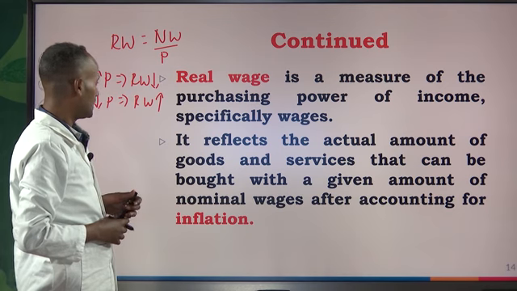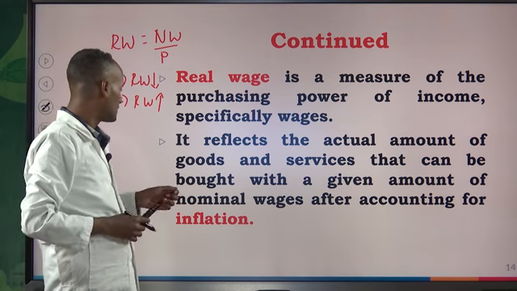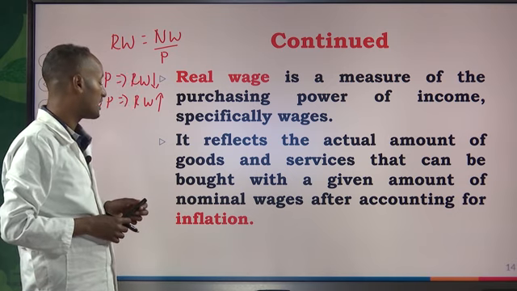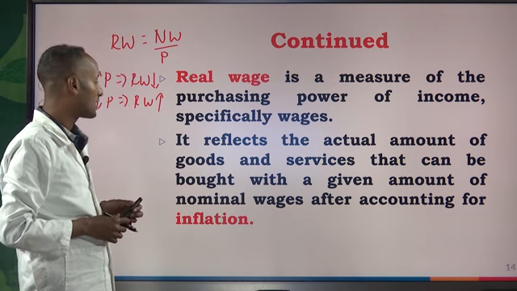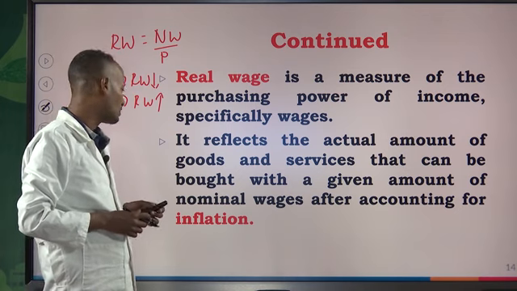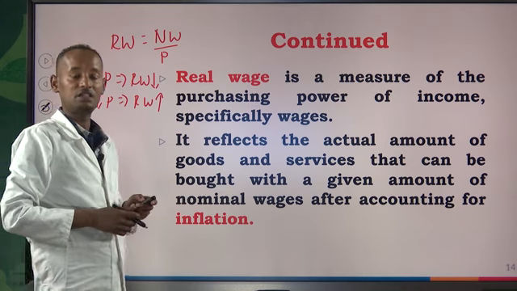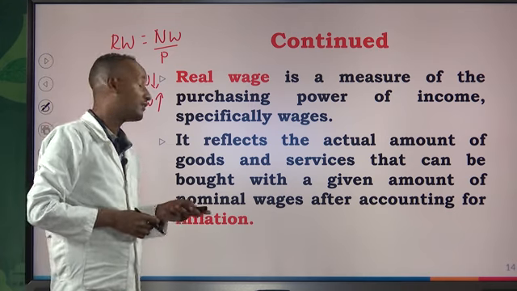let's see the other pointers on the sticky wage. The real wage reflects the actual amount of goods and services that can be bought with a given amount of nominal wage after accounting for inflation. That means the real wage is our wage which is not affected by inflation.